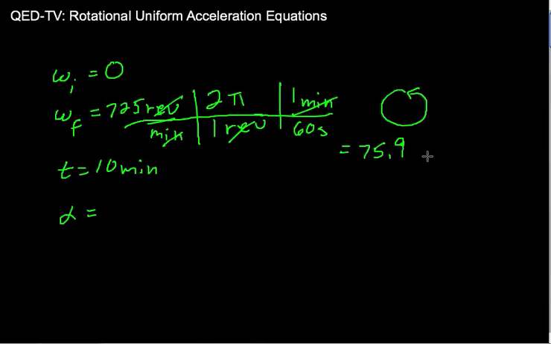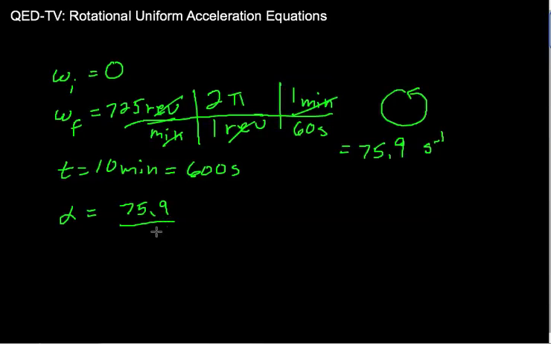Now, the radian technically isn't a unit, so I could just put 1 over s, or s to the minus 1. But technically, it's radians per second for my angular velocity. My time cannot be in minutes. It has to be in seconds, so that's going to be 600 seconds. Hopefully, you can convert that quickly. So what's going to be your angular acceleration? Well, it's final angular velocity, 75.9, minus your starting angular velocity, but that's 0.